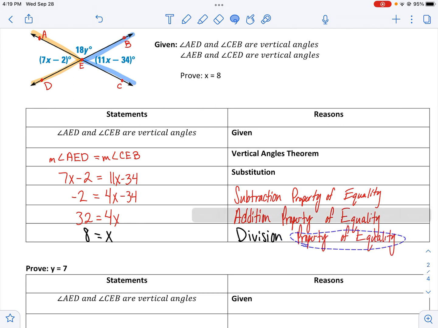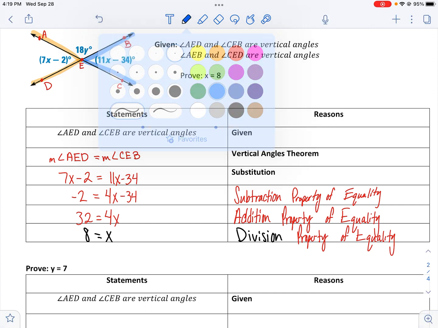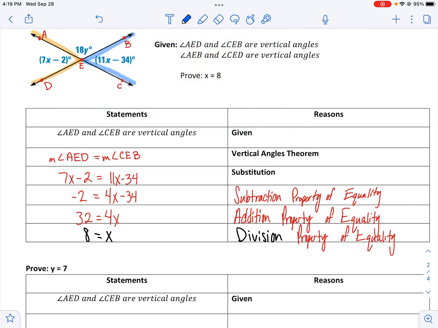But I wasn't asked to solve and prove that 8 equals x. I was asked to prove that x equals 8. So I need to know some of my postulates or theorems. Specifically, I need to know what theorem allows me to switch the order of my equation once I have it solved here.